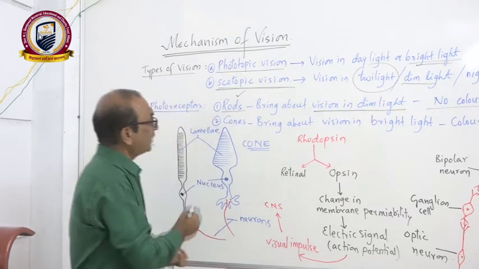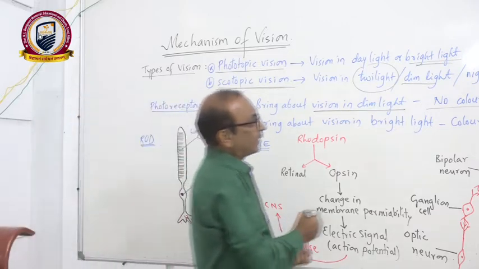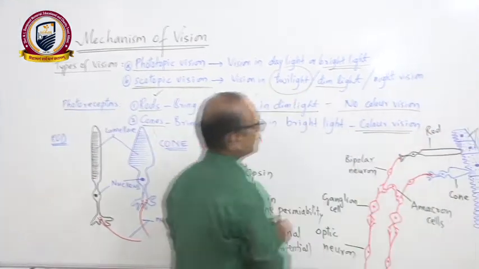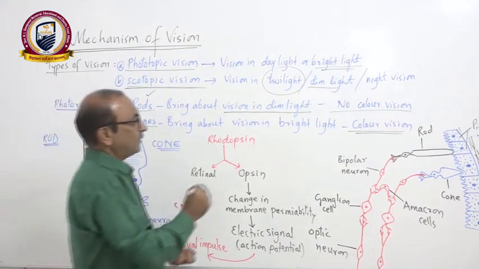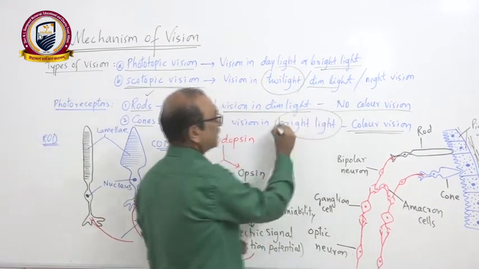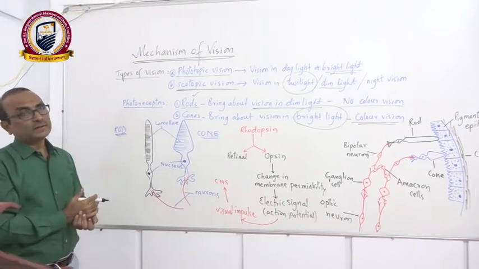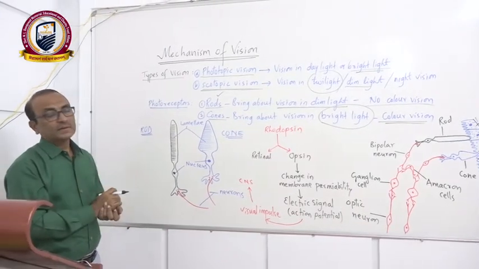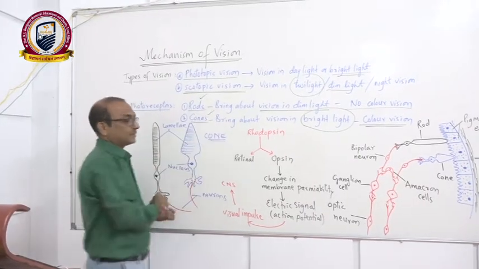Rods we have, and then the cones, which bring about the color vision. And color vision is possible only in the bright light, either sunlight or any other artificial light. In bright light we can see the colors with the help of cones.